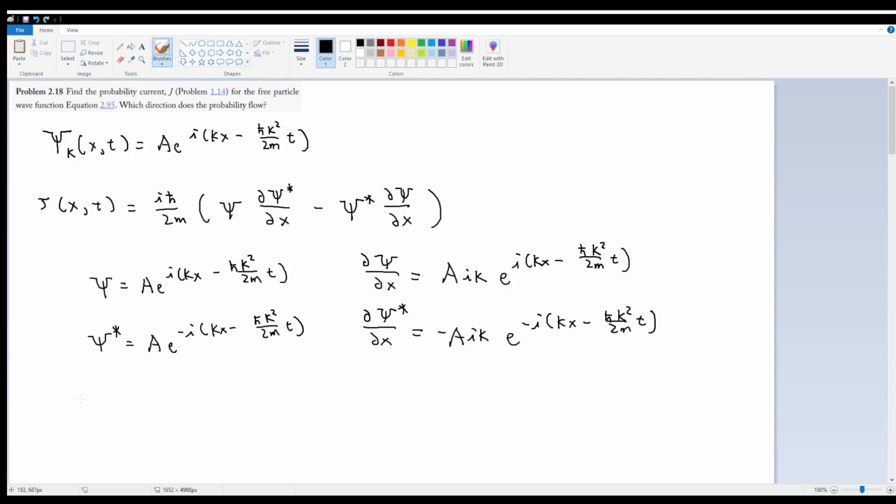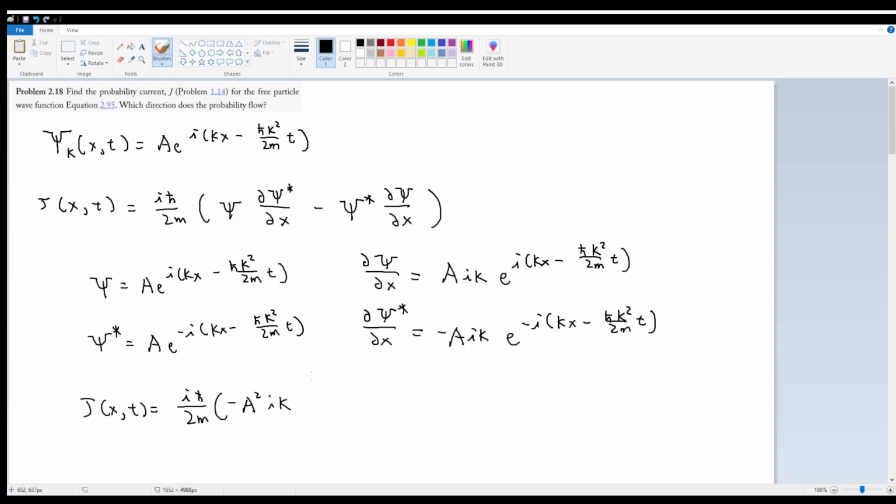Now if we plug this in, j(x,t) equals iħ/2m times the psi term multiplied by the partial of psi star with respect to x. We have two A's, so negative A squared, then the imaginary unit times k, and a complex exponential multiplied by its complex conjugate, which cancels out to 1.